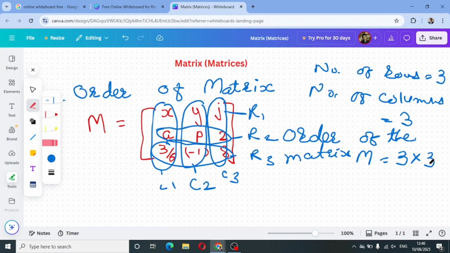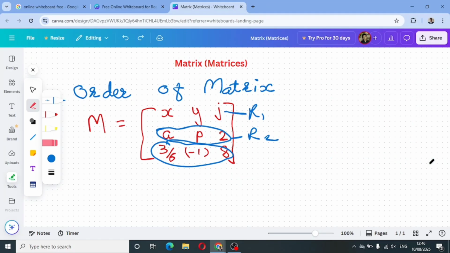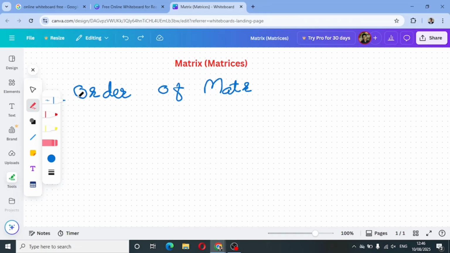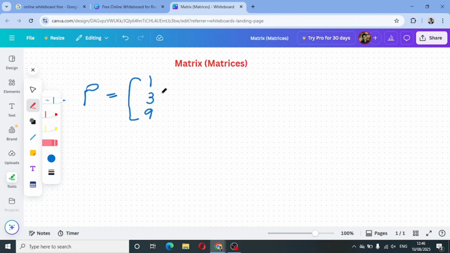For your practice, I am giving you more examples for which you can write down the order of the matrices. I'm giving 2 or 3 examples here. Let's say P is equal to 1, 3, 9.